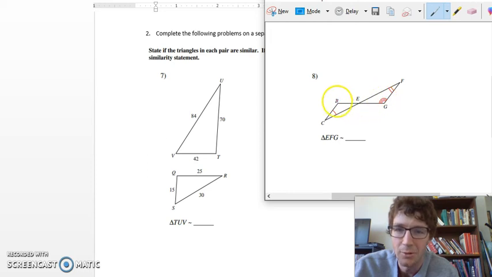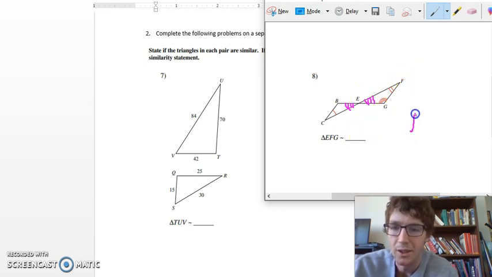We want G to equal B, but they don't say that. They don't have the same symbols here. We want F to match C, but this has 2 marks and this has 1. We do know that this angle here has to be the same as this angle here, but I don't think that gives us enough information to say that these triangles are similar. So for this one, I'm just going to say not similar.